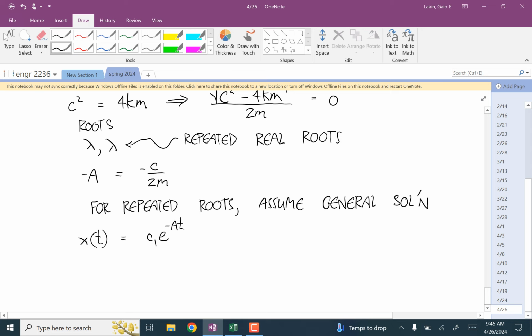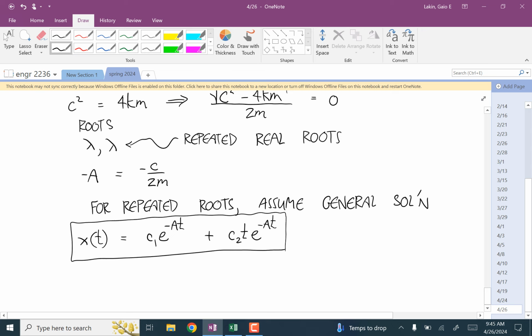And then the one where we would use the other root, but we don't have another root, we're going to do this as c2 times t times e to the negative at. I'm not going to prove why that works, but that's the form that works in this case. So this is the general solution to the critically damped case.